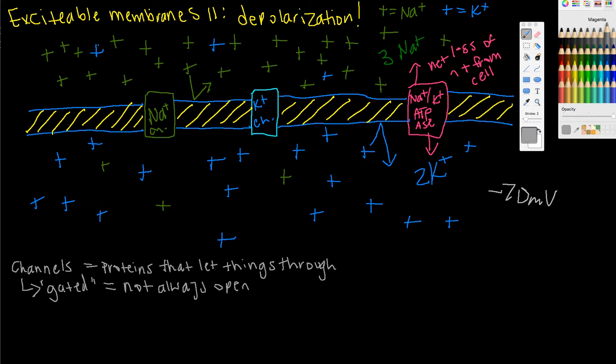So I'm going to switch colors here and give you some definitions for different kinds of gated channels. So the first kind I'm going to tell you about are ligand/chemically gated channels.